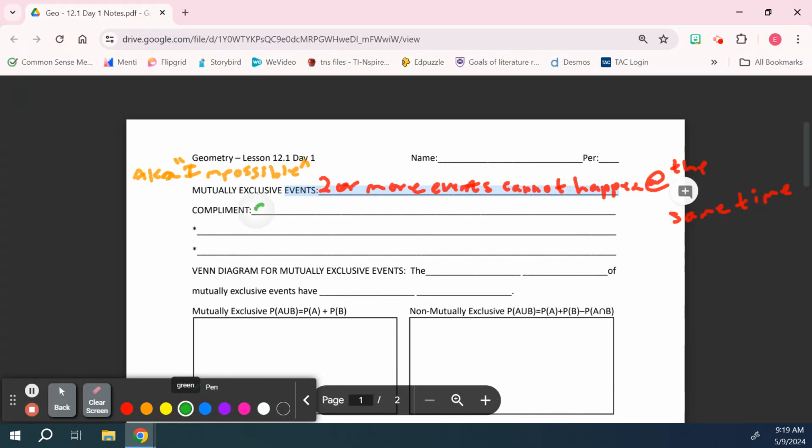A complement is an event where the set of all outcomes are not included.